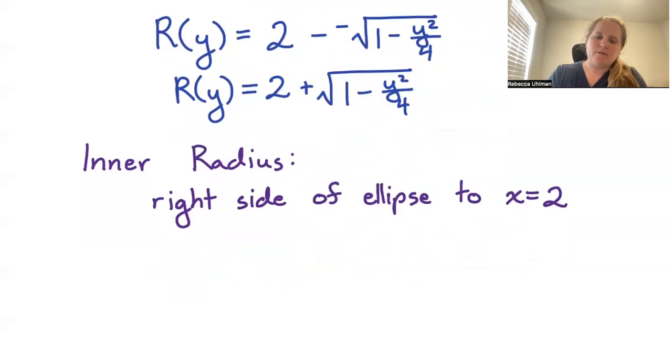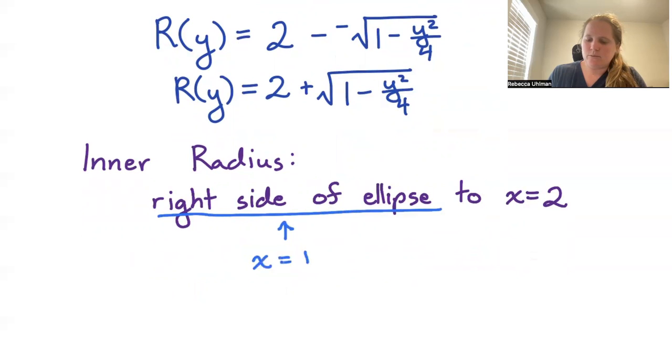The right side of the ellipse is just the positive version, x equals positive square root of 1 minus y squared over 4.